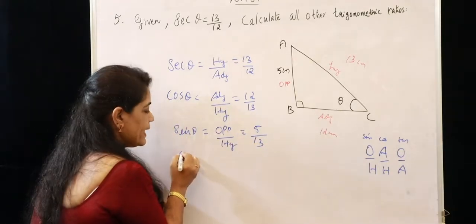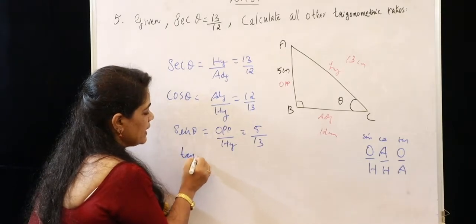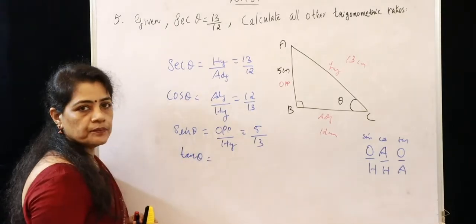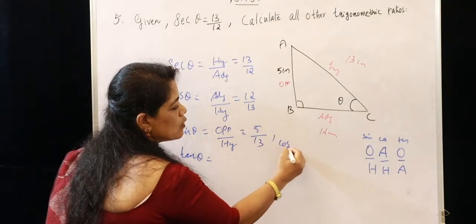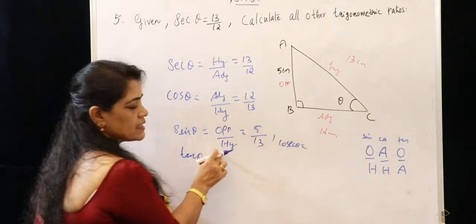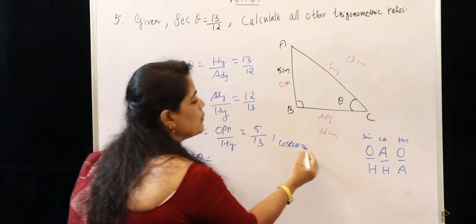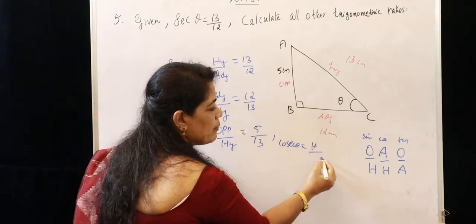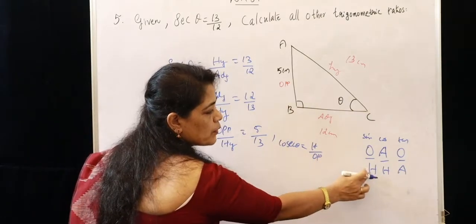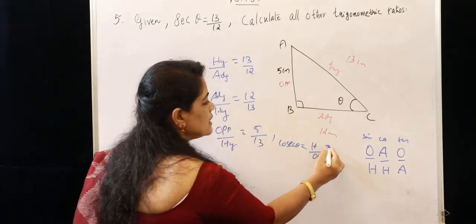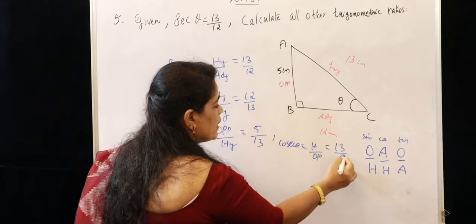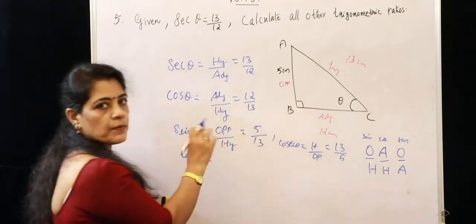Now cosec theta is the reciprocal, that is hypotenuse divided by opposite, the reciprocal of sine. So that means 13 divided by 5.